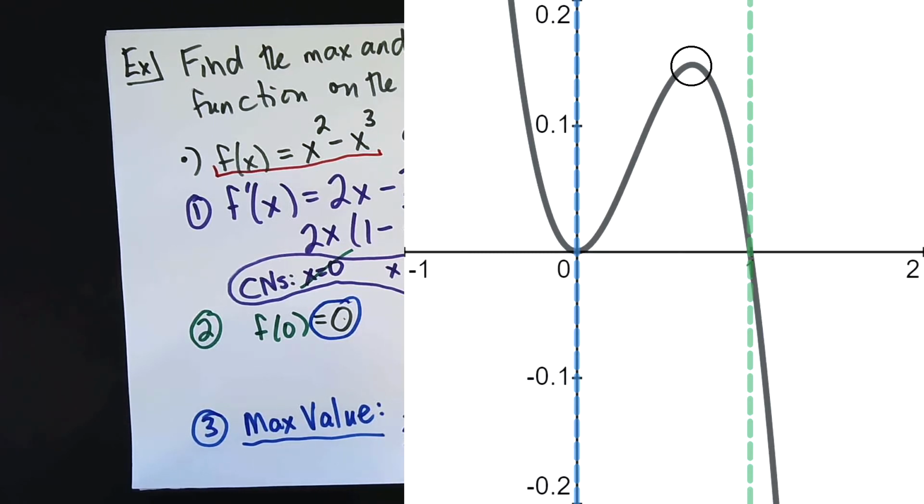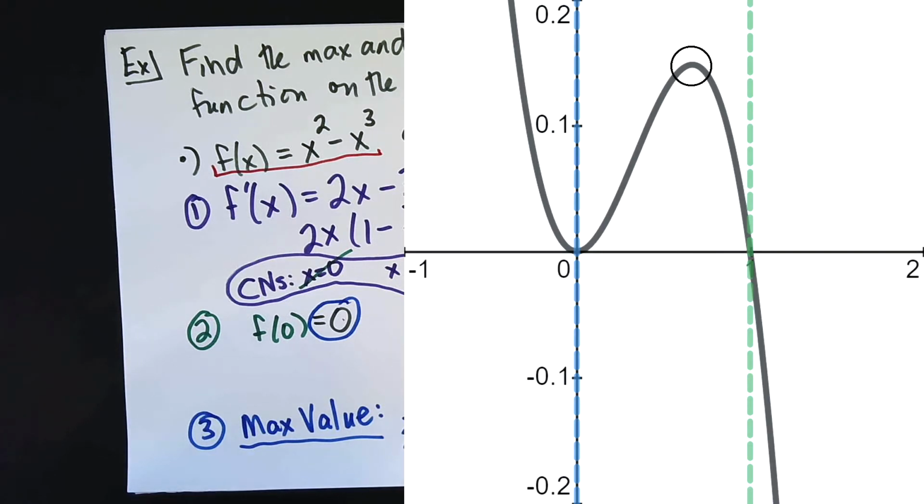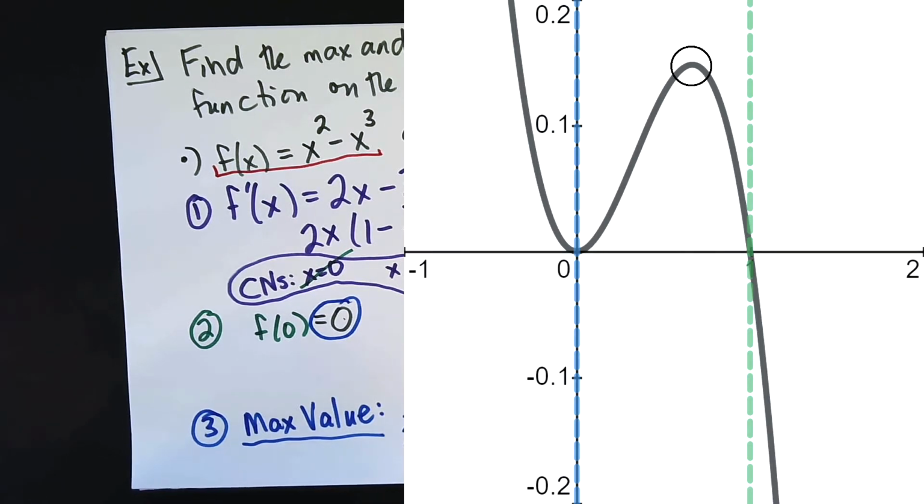If you're not sure if you quite believe that, you can go ahead and check for yourself that 4/27 is very close to 0.15, which is very close to where the y-coordinate of our point here seems to be. The 2/3 is also believable.